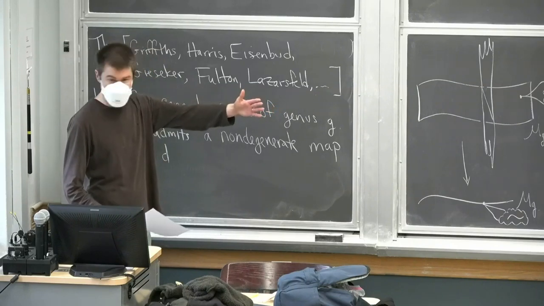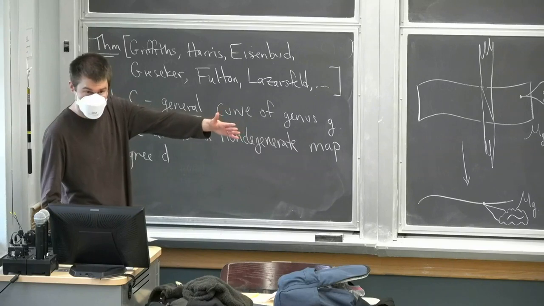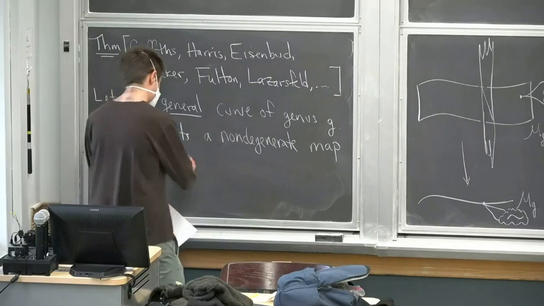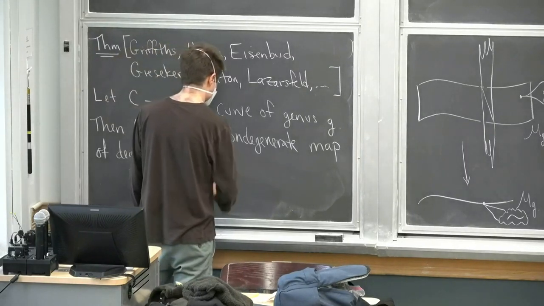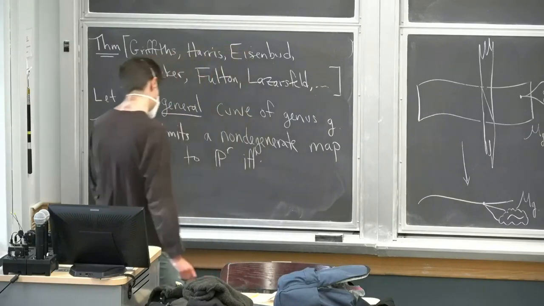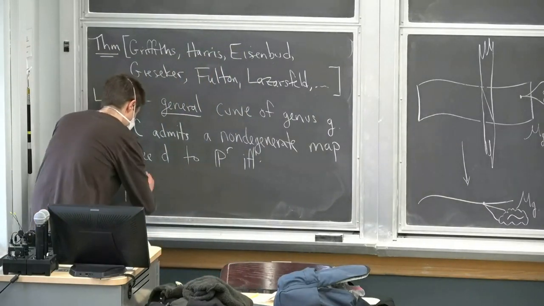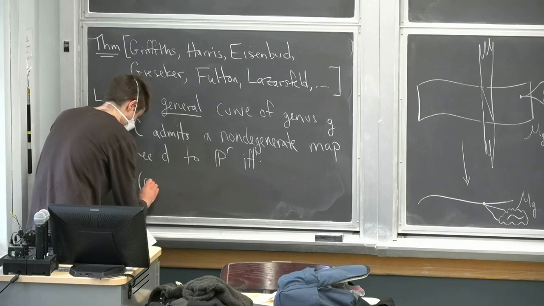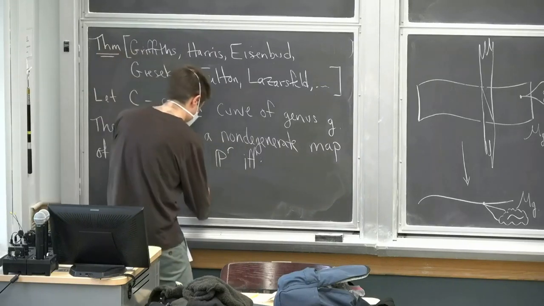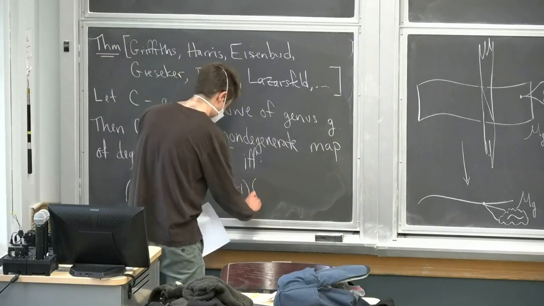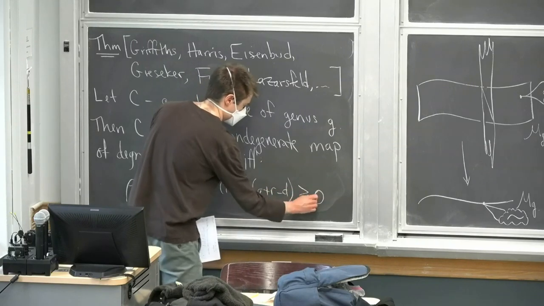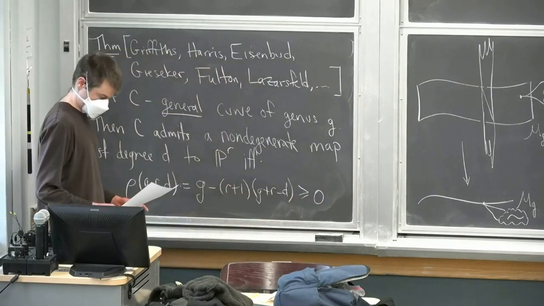In which case, really, you should just be thinking about the whole problem as taking place in a smaller dimensional projective space. Okay? So it admits a non-degenerate map of degree D to projective space of dimension R if and only if this quantity known as rho of G, R, D, which explicitly is (G minus R plus 1) times (G plus R minus D), is greater than or equal to 0.